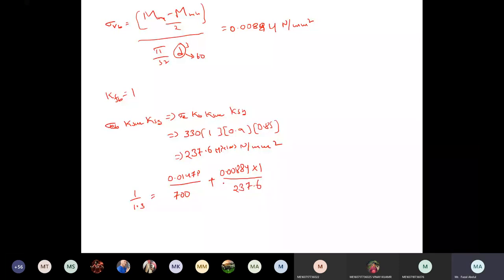Okay, P value. Here also P. Now tell me the P value in terms of Newton. P value 13.785. Very good.